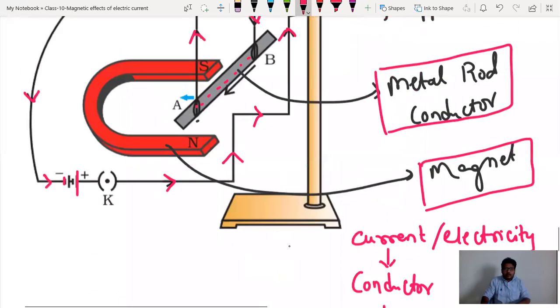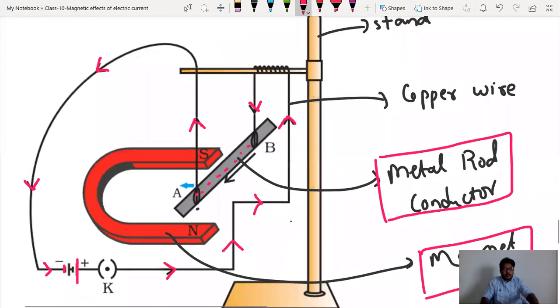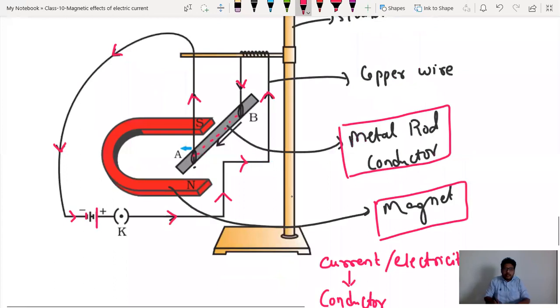So what will happen? What is your guess? If you pass electricity, definitely this rod will give one small jerk, or it will deflect. Again, if you switch off the current, what will happen? That will come to its original position.